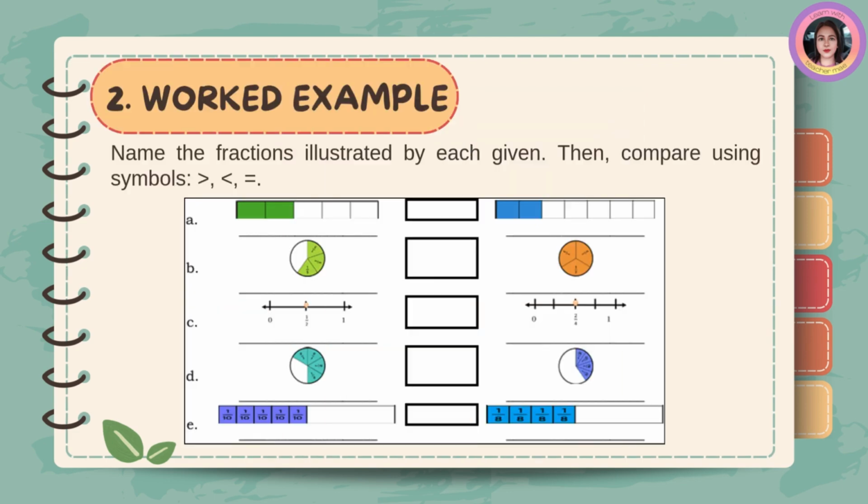Answer the following. Name the fractions illustrated by each given, then compare using symbols greater than, less than, or equal.